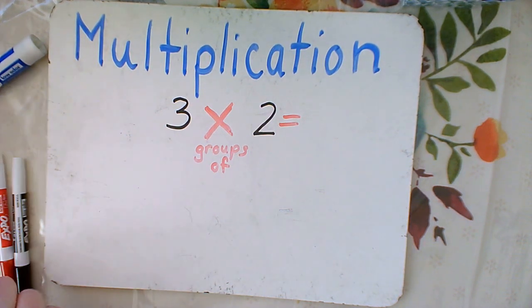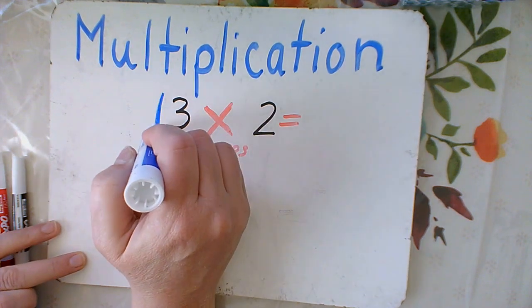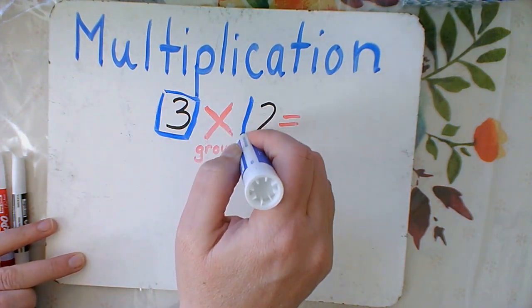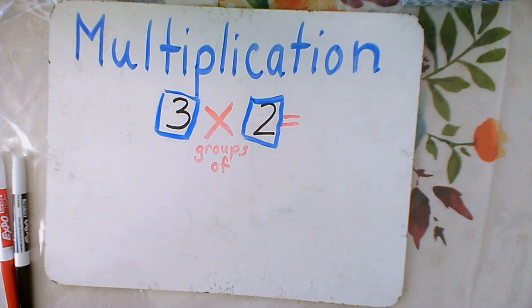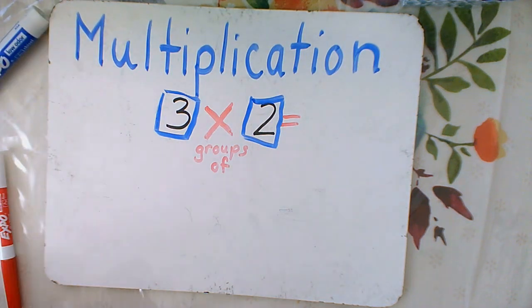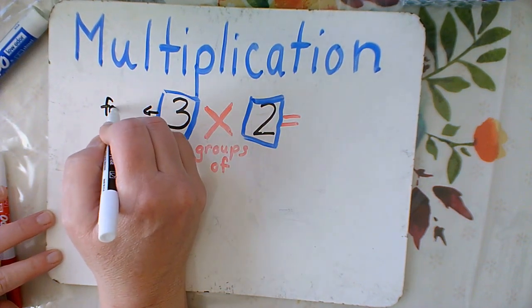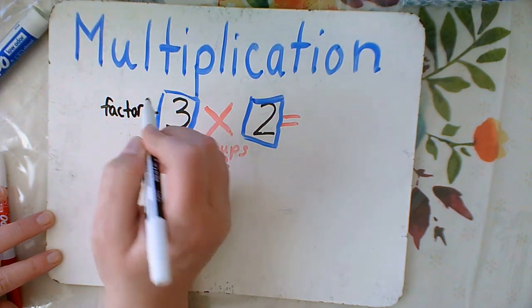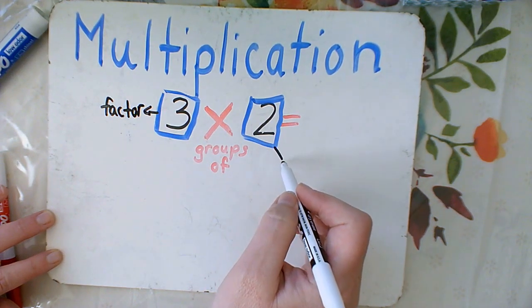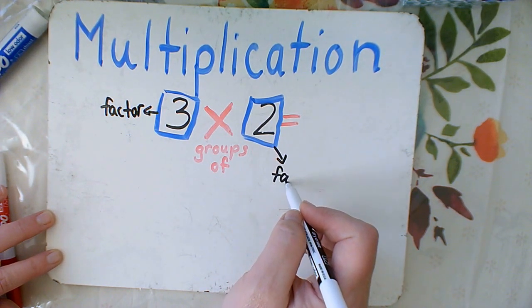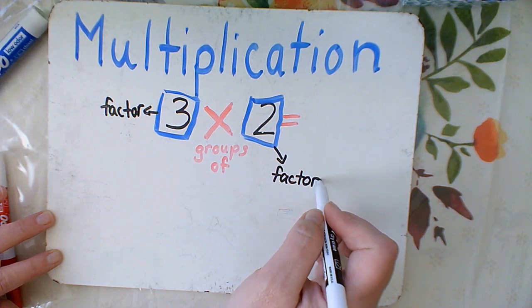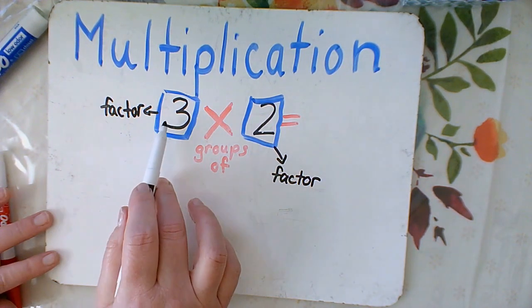I'm going to give you some other vocabulary, and it's not so important that you remember this right now, but these parts of the equation, these are both called factors. So this is a factor, and this is a factor. Okay? Factor.